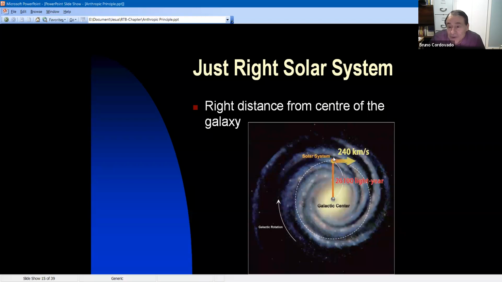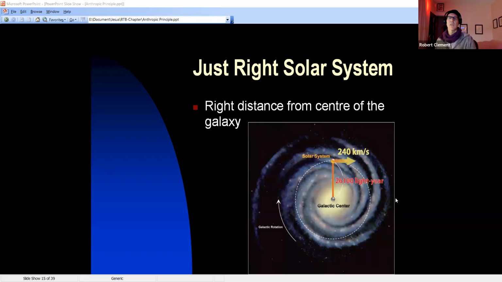We're moving at 240 kilometers per second, orbiting the black hole in the center, the same way the moon doesn't fall onto the surface of the Earth, because it's orbiting around us. We don't fall into the sun because we are orbiting around the sun. So in the same way, all these stars are orbiting around the center, and that's why they don't fall into the center.